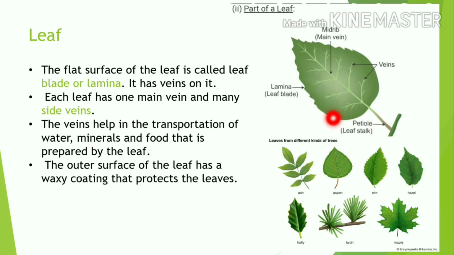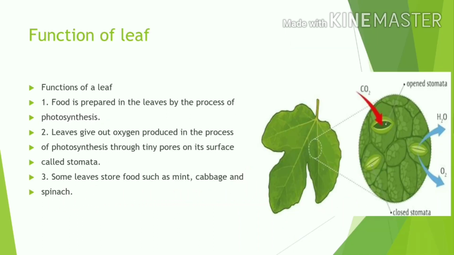So, the leaf stalk is the connector between the leaf and the stem. So, the veins help in transportation of water, minerals and food that is prepared by the leaf. The outer surface of the leaf has a waxy coating that protects the leaves.